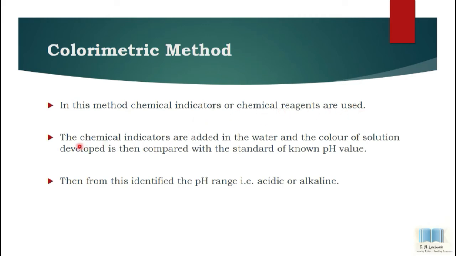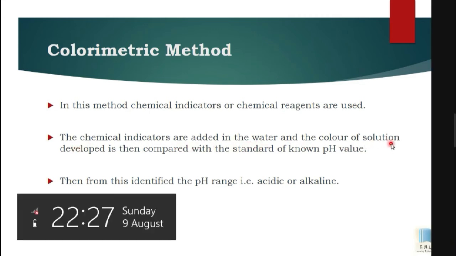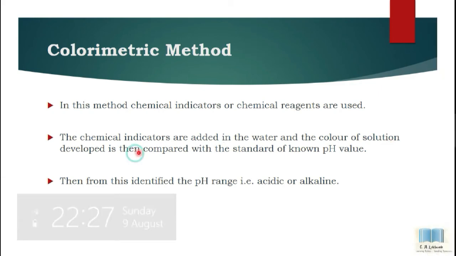Then the second point is the chemical indicators are added in the water, and the color of the solution developed is then compared with the standard of known pH value. And the third point is from this we identify the pH range, that is acidic or alkaline or neutral.